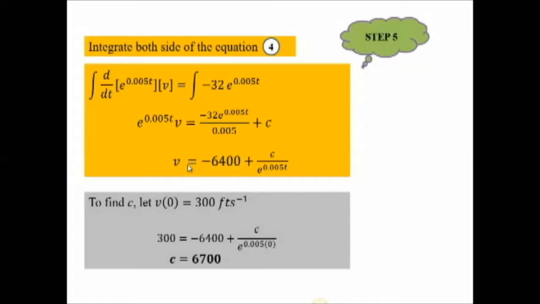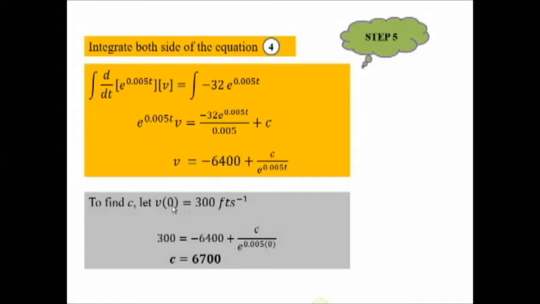Okay, when we solve it, we get v equals negative 6400 plus c over exponent 0.05t. And then we need to find c. So we let v(0) equal 300 feet per second.